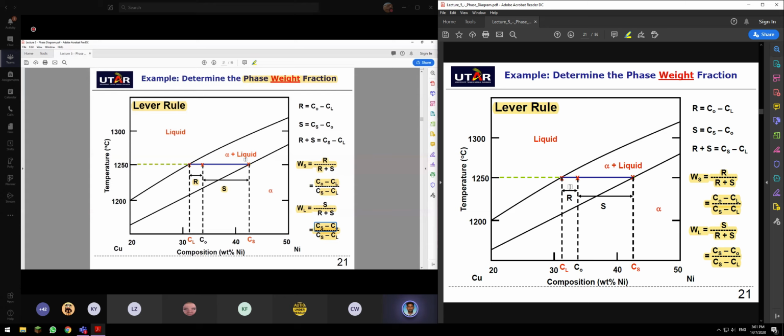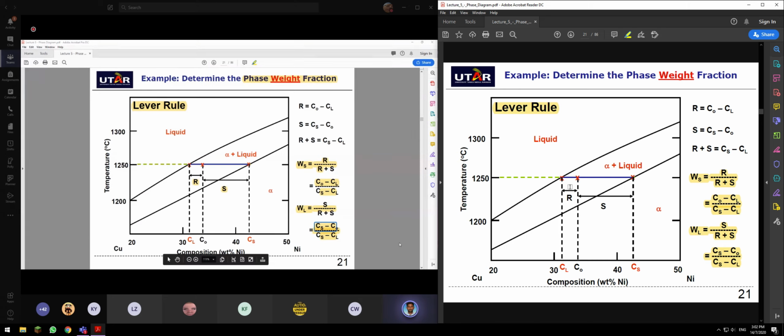So the shortcut is, if they want to find the solid, you take the opposite arm of your lever rule. This is how you balance out R divided by R plus S. If you want to find the phase amount of liquid, you take S divided by R plus S. That means this arm divided by the whole thing.